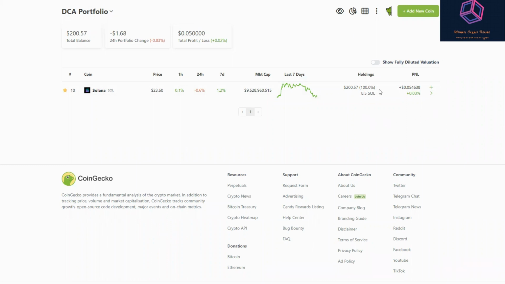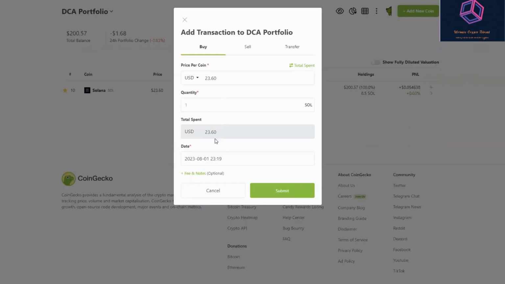So what I would do is I would go again and buy Solana at, say, if the price has gone to $18, right? So I would spend another $200 to buy Solana. So I will be probably buying 11.1 Solanas at $18, that's my buying price.